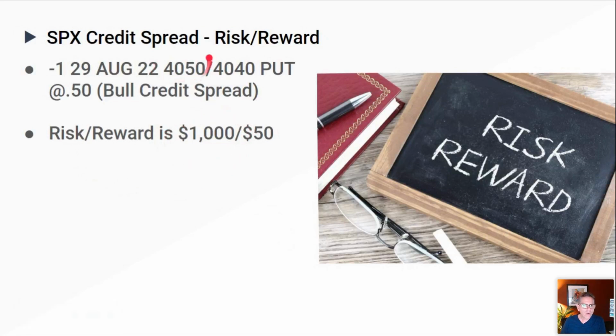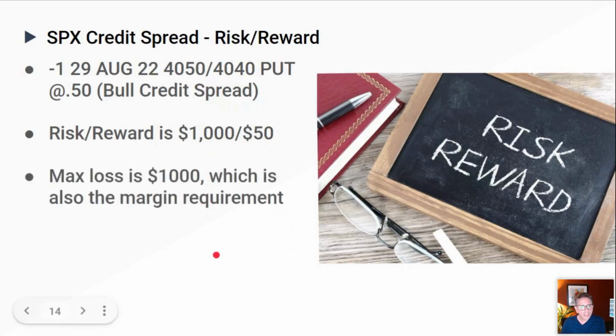So 40.50 minus 40 is 10, and so it's actually $1,000 that you have to put up as margin, and then you receive $50. So the risk on this trade is $950 because you get that credit. The max loss is $1,000 again, minus the $50.